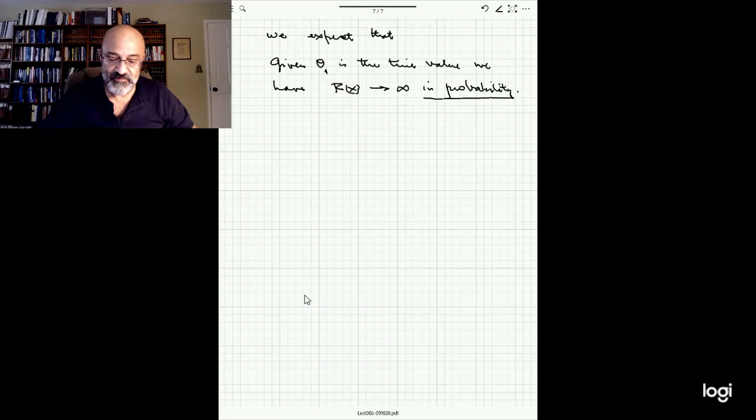The probability that R does not go to infinity actually goes to 0.